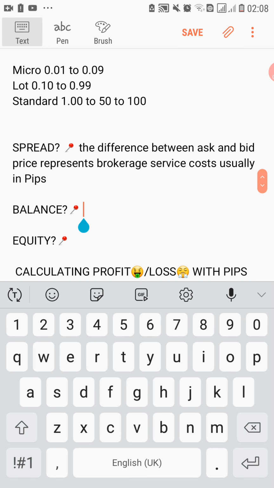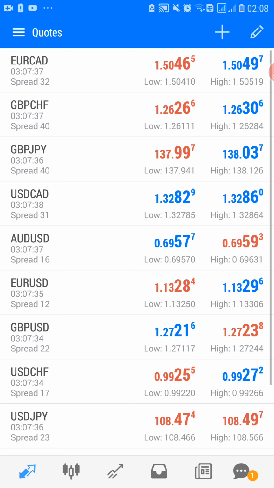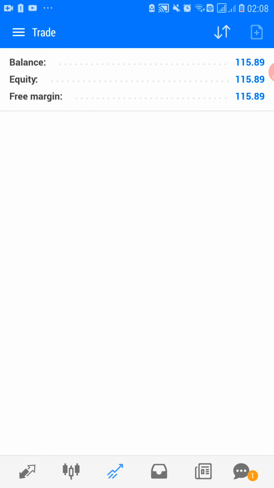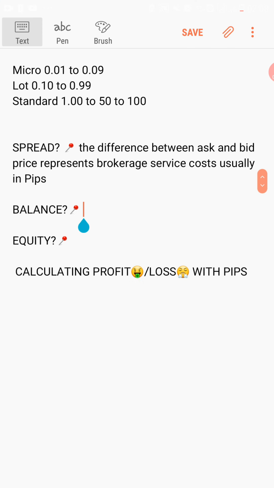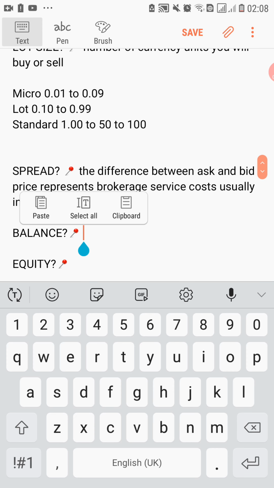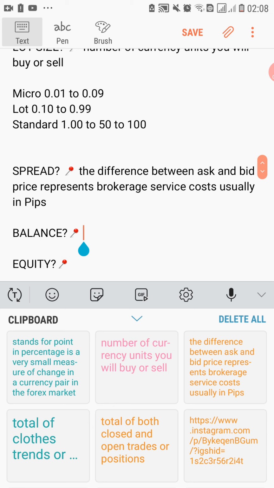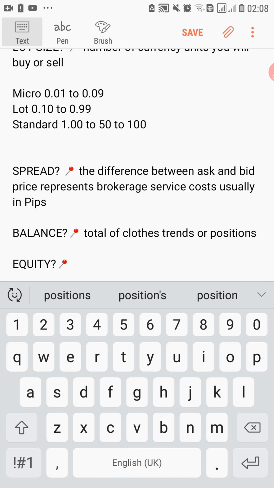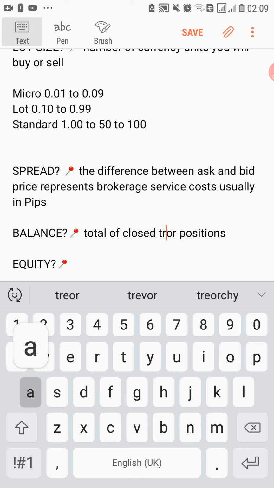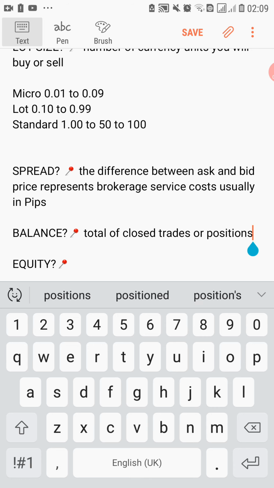The next thing is what we call the balance. This is the balance. The balance is the total of closed trades or positions.